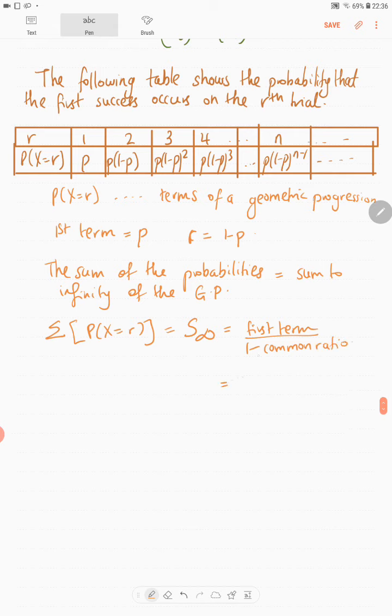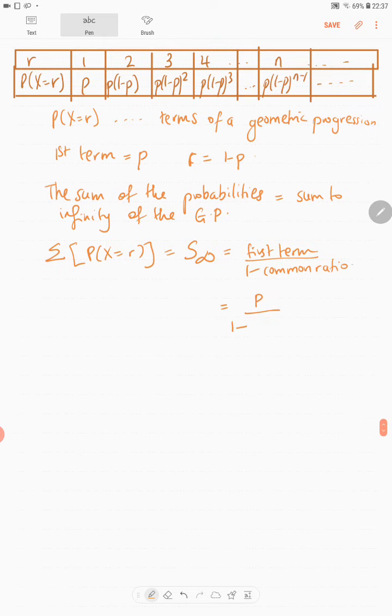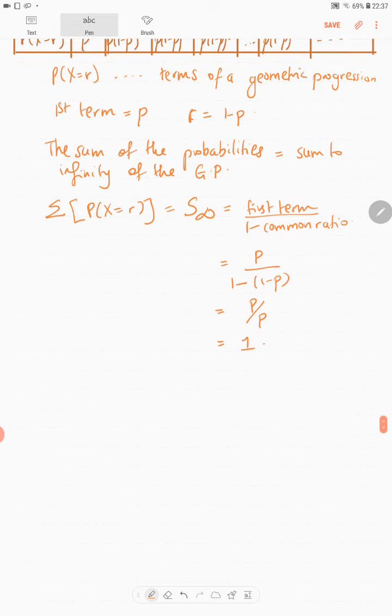So here, first term is P, we divide by 1 minus the common ratio, 1 minus (1 minus P). We obtain 1 minus 1 is 0, minus minus, this becomes P over P, which is equal to 1.